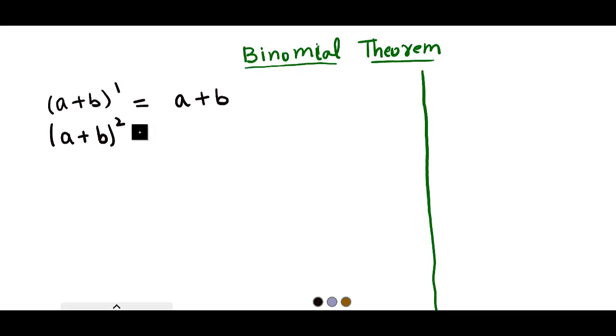So we know the identity A plus B square equals A square plus 2AB plus B square.